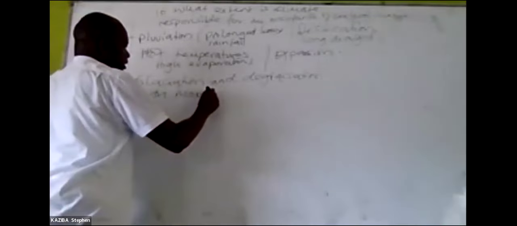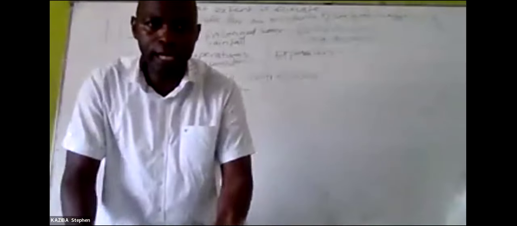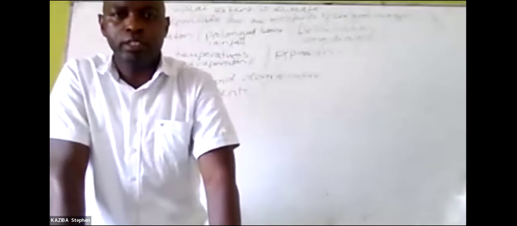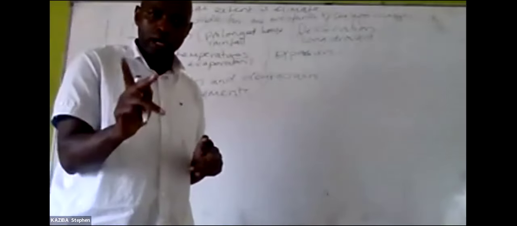So they can also ask the question, to what extent are earth movements responsible for the occurrence of sea level changes in East Africa? So under earth movements, you talk about warping. And under warping, you have to give us two answers.